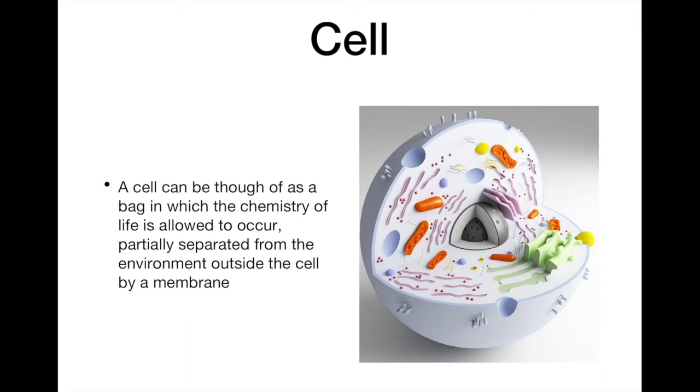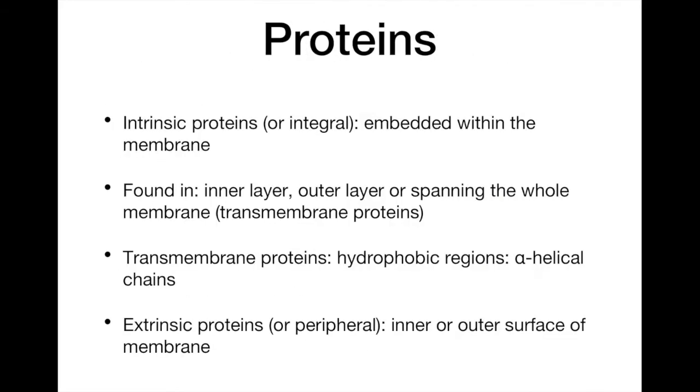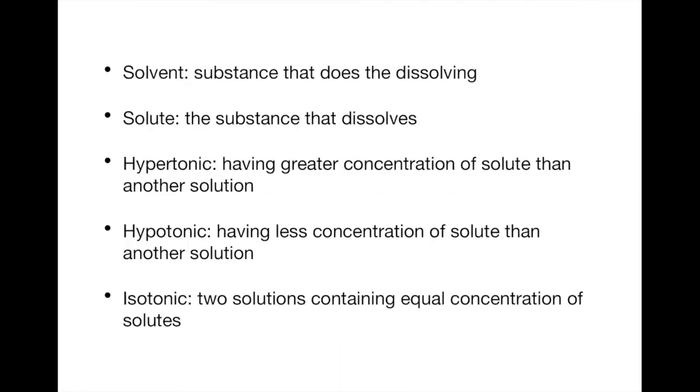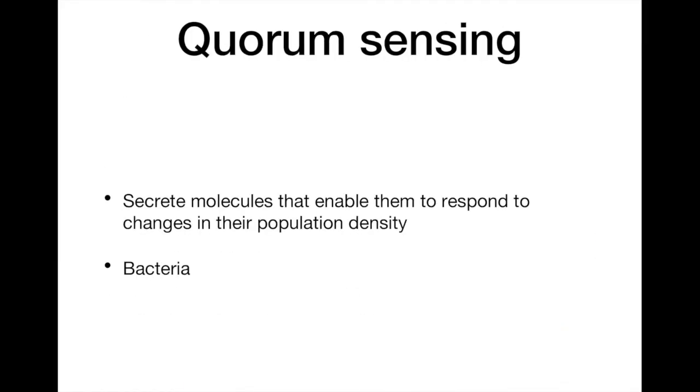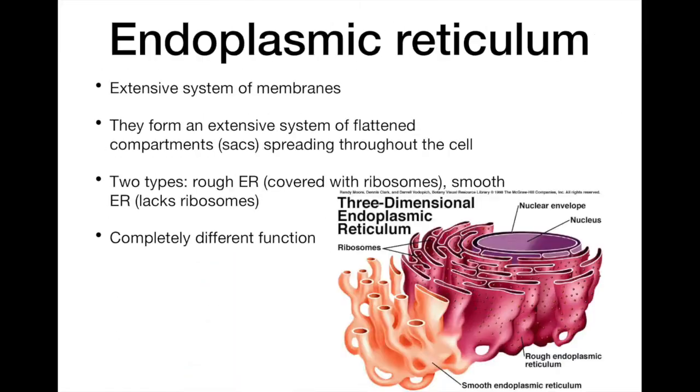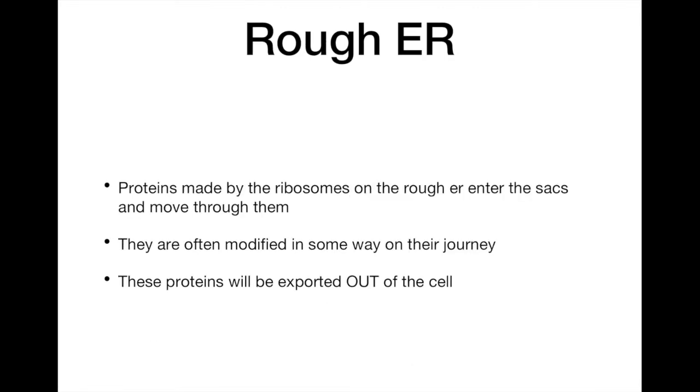So the rough endoplasmic reticulum is where proteins are synthesized to be exported out of the cell. Also, inside the rough ER, proteins are often modified in some way.